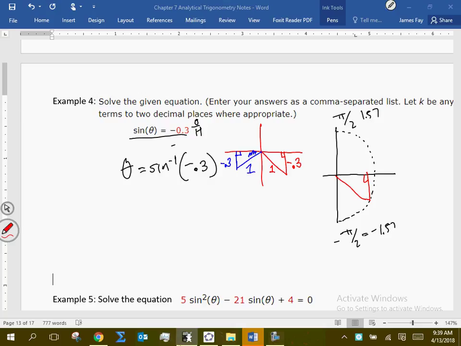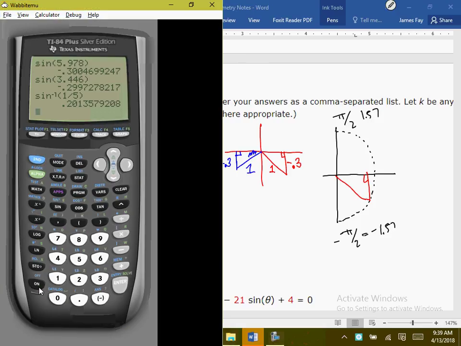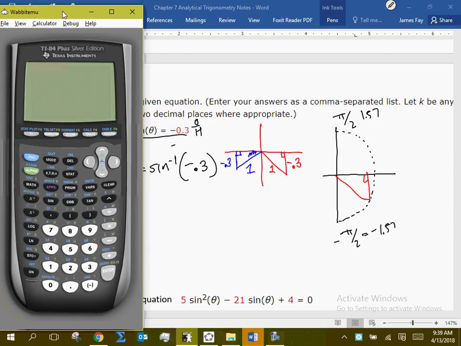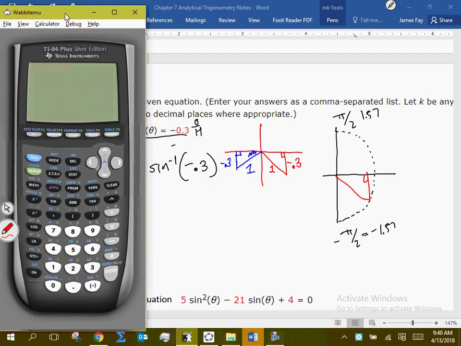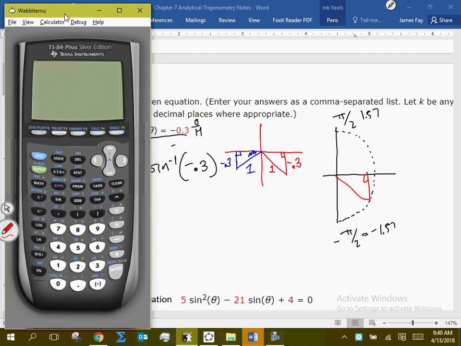So when I go sine inverse, now I'm going to do this in radians, okay? Because that's usually what they're going to ask for. But maybe when we're done, we can go through and do it in degrees and see if we can develop an understanding of it maybe a little bit better. So I'm in radians, so I go second sine of negative 0.3.